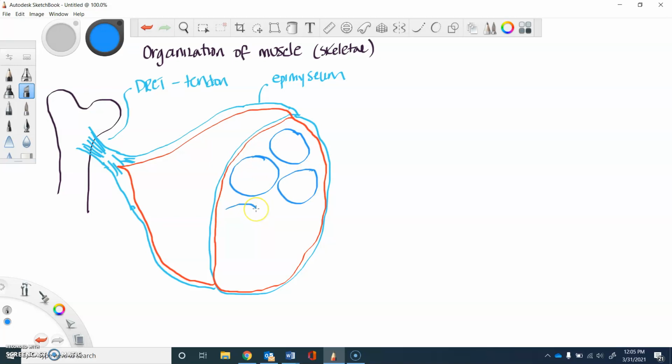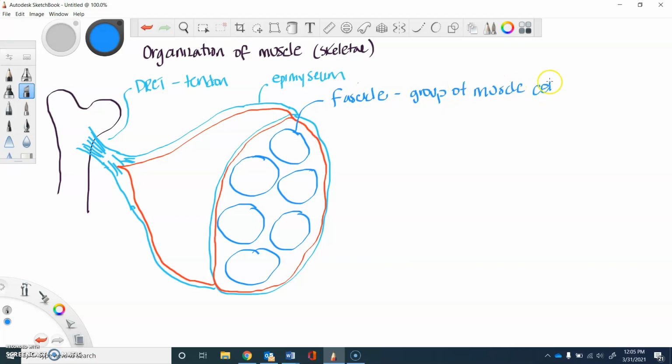And these groups here are called fascicles. So a fascicle is just a group of muscle cells. Okay?